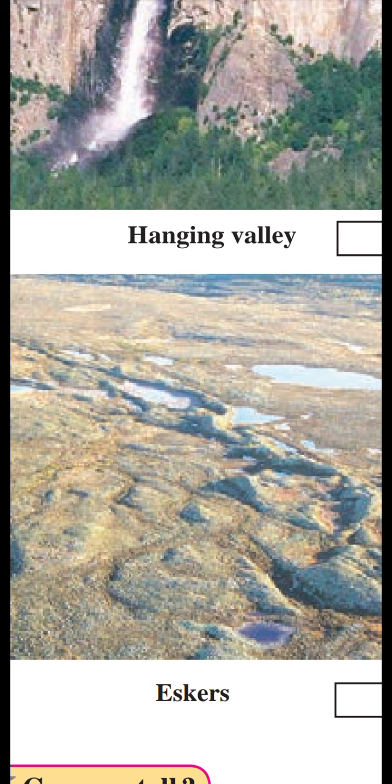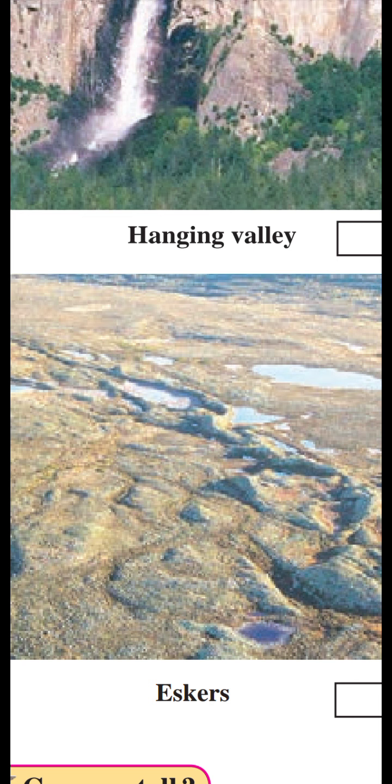It is a long, narrow, sinuous ridge created by the deposition work of a stream running beneath a glacier, and that ridge is created under the glacier.